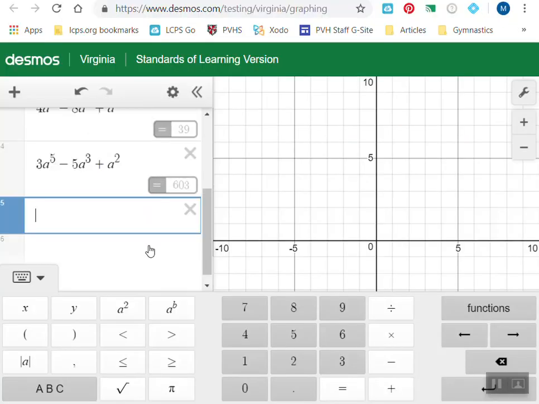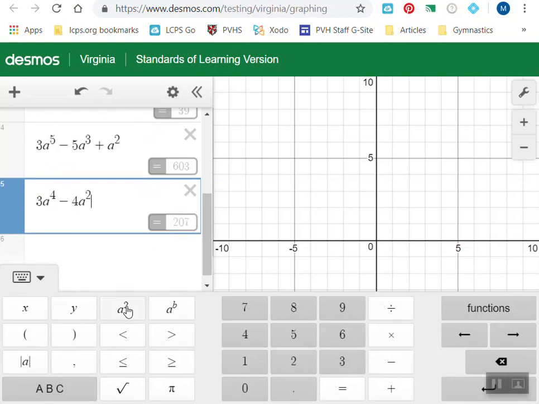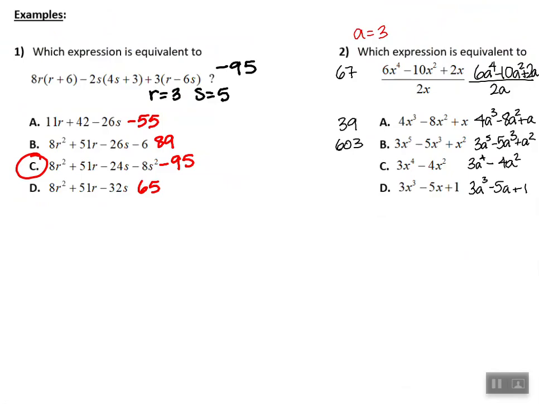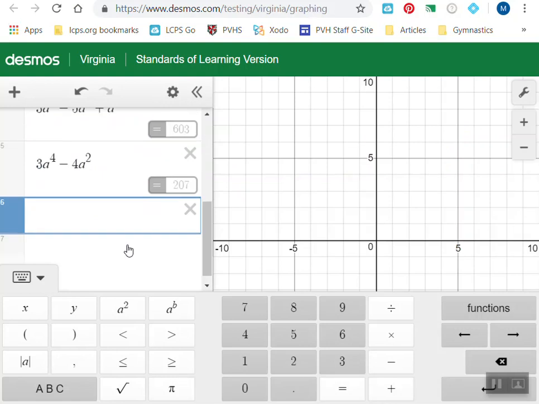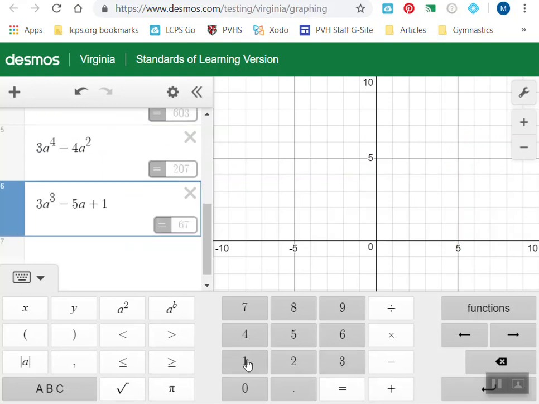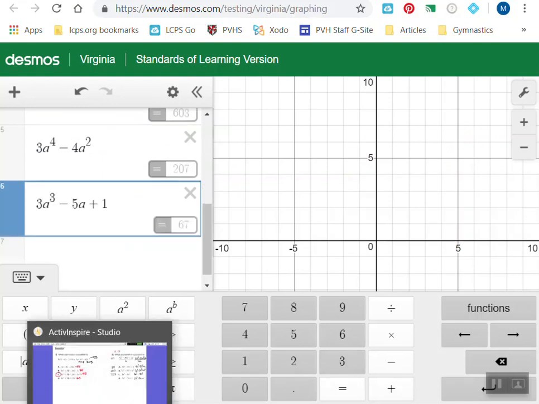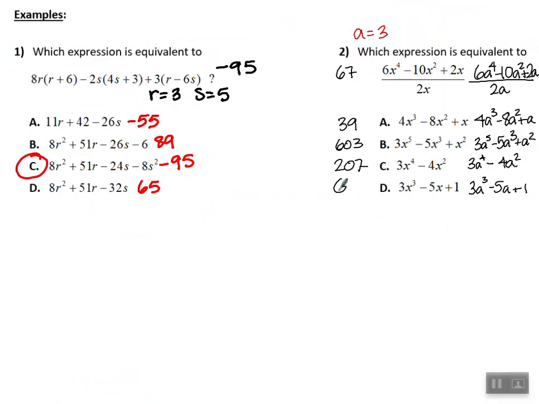The third answer choice gives me 207. So if we try the fourth answer choice, we get 67. Because that's the same number that we had at the beginning, that is going to be our answer.